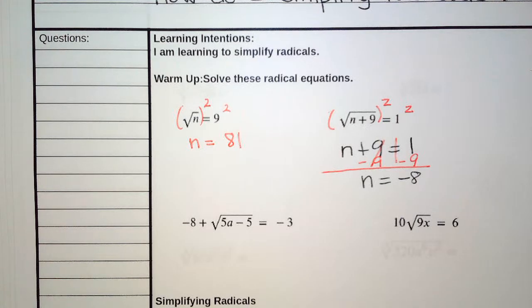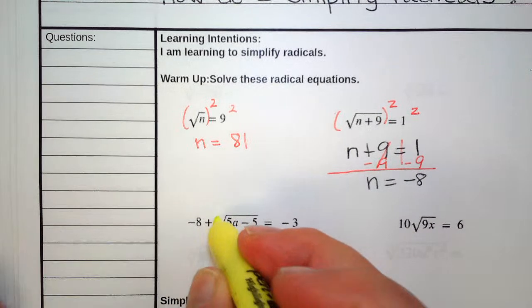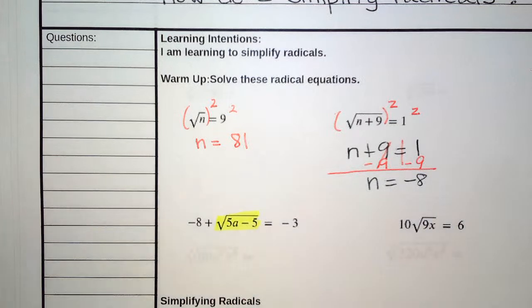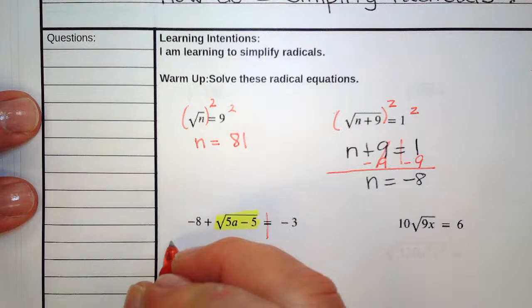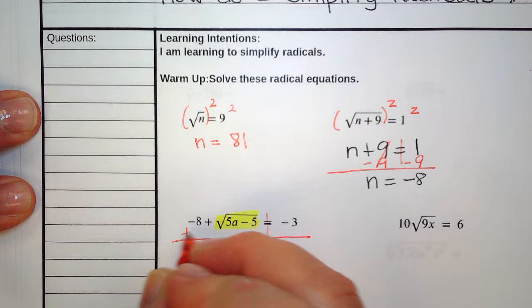When we're doing these type of problems, we have to remember to get that radical by itself before we do the math. So I need to get the square root of 5a minus 5 by itself. To do that, I will add 8 to both sides to begin with.